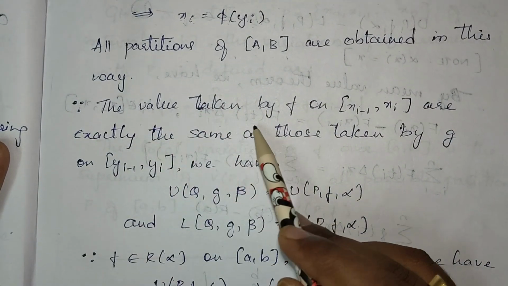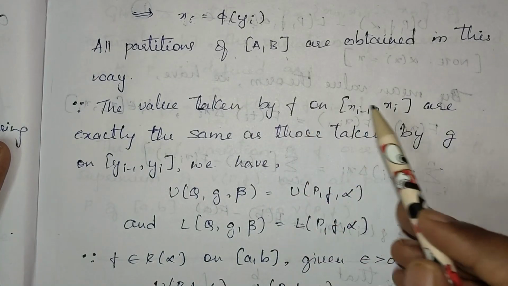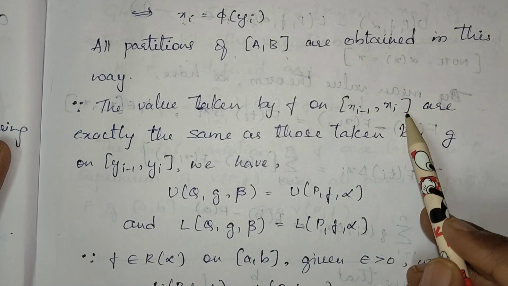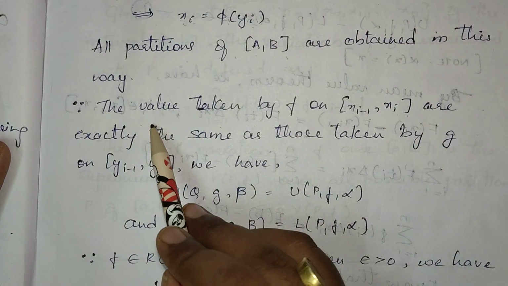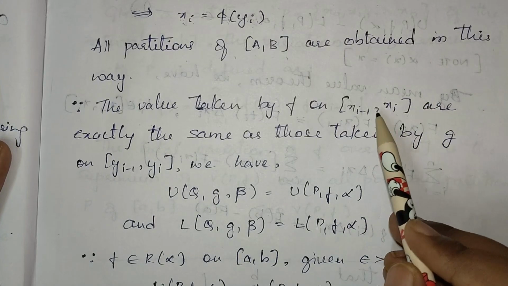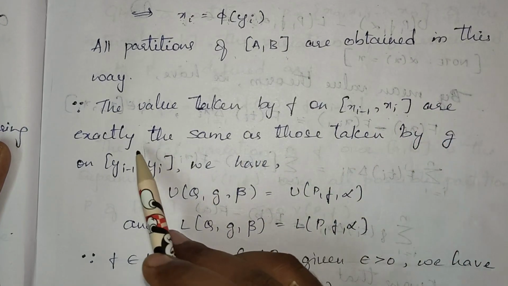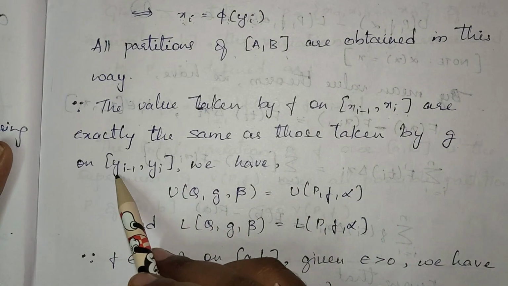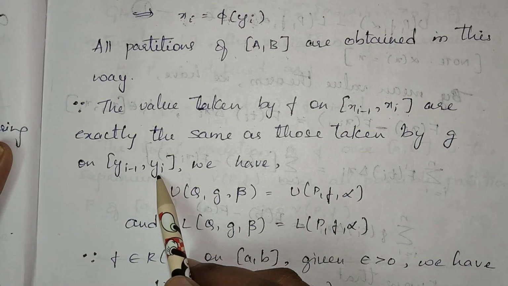The values taken by f on the closed interval x_{i-1}, x_i, see, this is the subinterval of the closed interval small a, b, are exactly the same as those taken by g on the closed interval y_{i-1}, y_i.